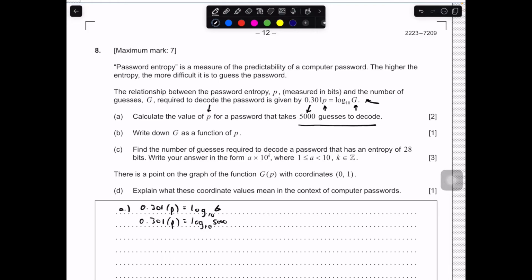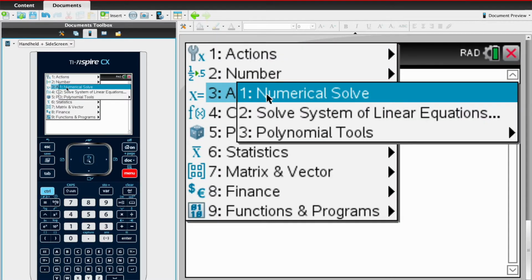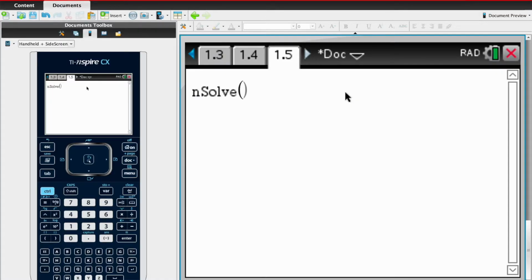Let's go ahead and actually nsolve this. You can do this algebraically, but I think nsolve is probably going to be the most common method to solve this, so let's do it that way. Alright, menu, let's go into algebra, numerical solve, and let's go 0.301, and let's just put in a value of p, and it's equal to, and now let's find log.